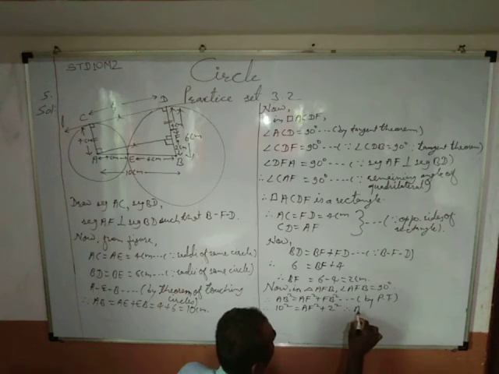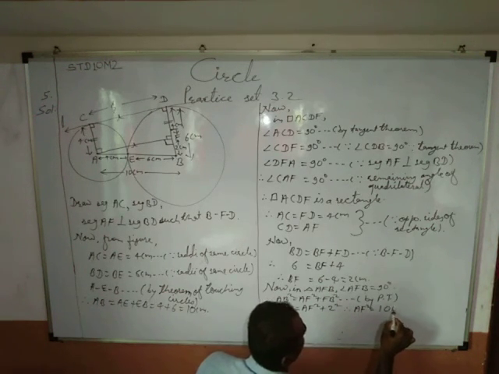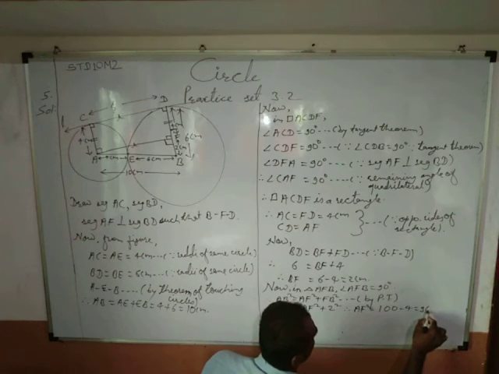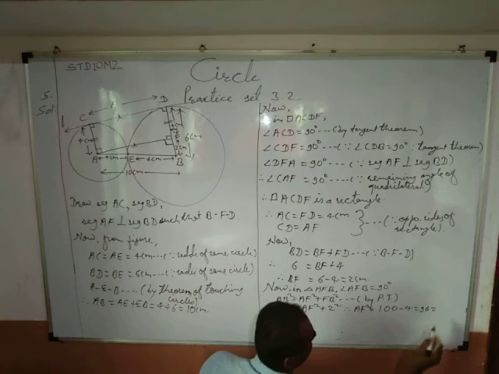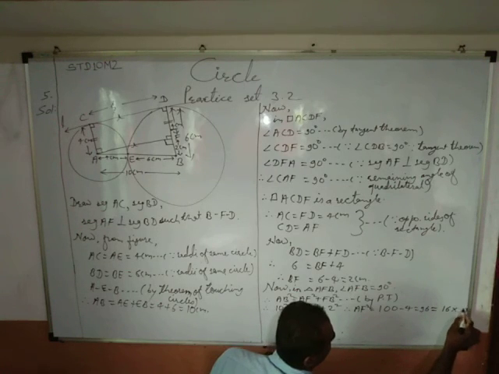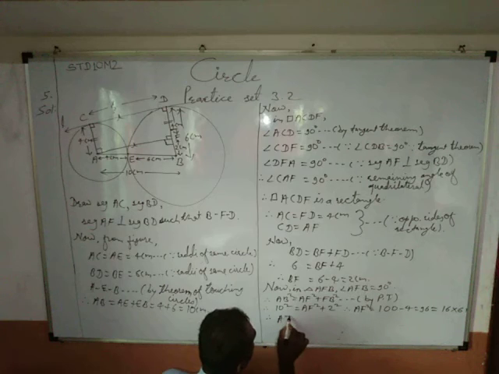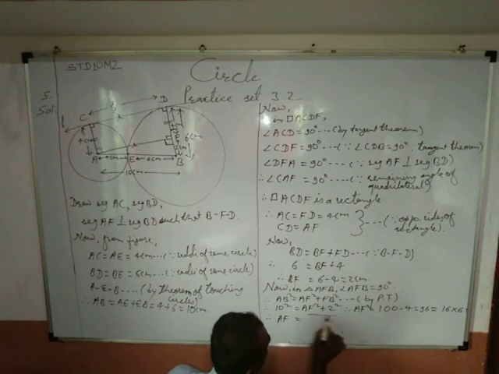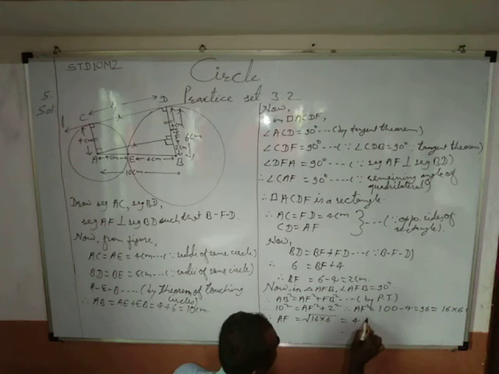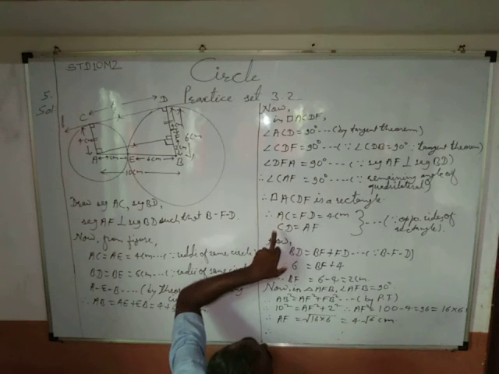Therefore AF square equals 100 minus 4 equals 96, and that is 16 times 6, and therefore AF equals root of 16 into 6, which is 4 root 6 centimeters.